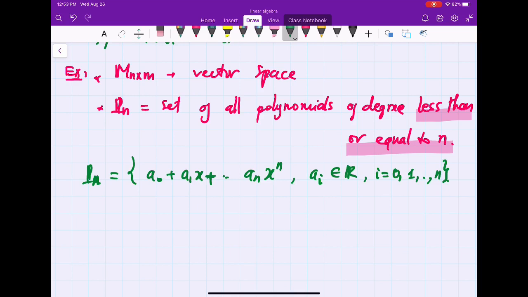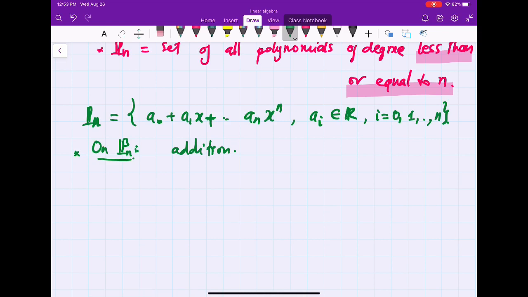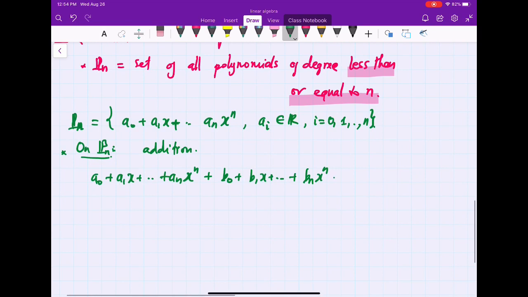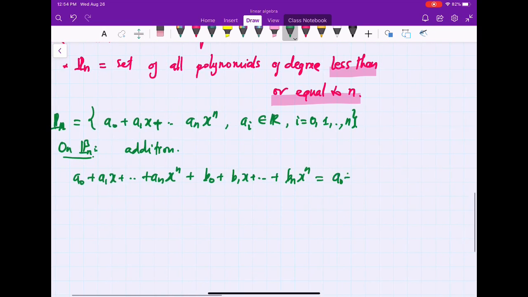With the standard operations on Pn, we have the following addition. Let's say a0 plus a1x plus so on plus an x to the n, plus b0 plus b1x plus so on plus bn x to the n, equals a0 plus b0.